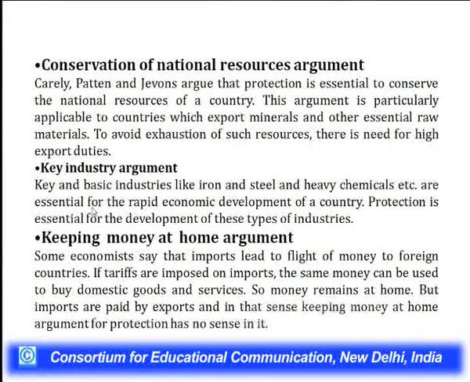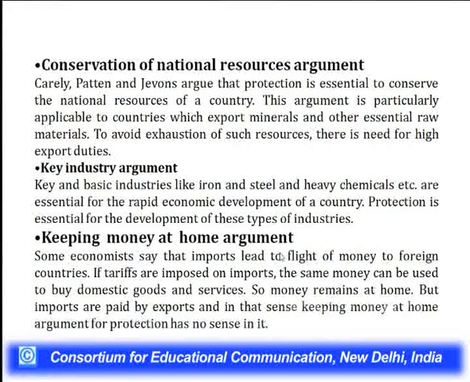In India too, the basic and heavy industries were protected so that we don't depend much on the import of machinery, iron and steel from other countries.